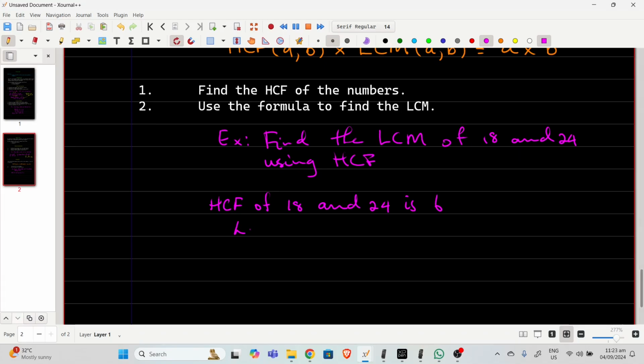So the LCM would be equal to the product of the numbers, 18 times 24, divided by the HCF, which is 6. So 6 into this 1, 6 into this 3. Now we have 24 times 3.